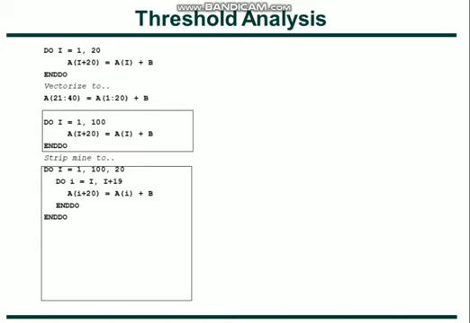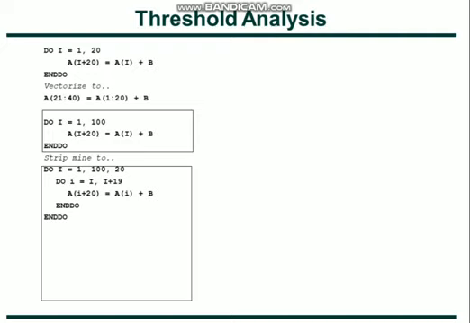So if you see this loop in totality, not only the statement inside the loop, you will find that there is no dependence in this loop. All statements are independent and this can be vectorized, because the distance between source and sink is 20 and the number of iterations in this loop is 20 only.